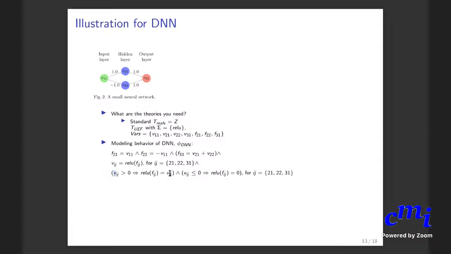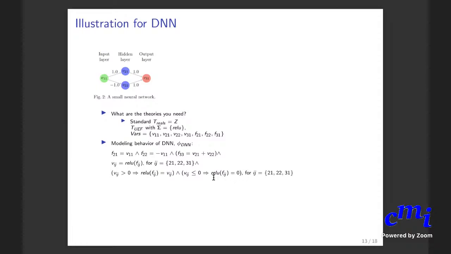All these Vijs, read them as Fij. So if Fij is greater than 0, ReLU of Fij is Fij. If Fij is less than or equal to 0, then ReLU of Fij is equal to 0.